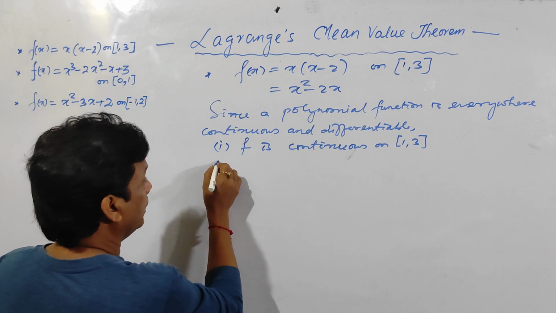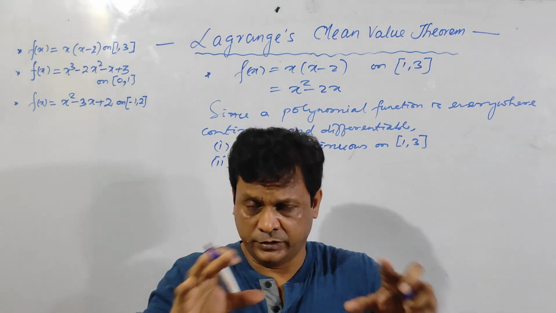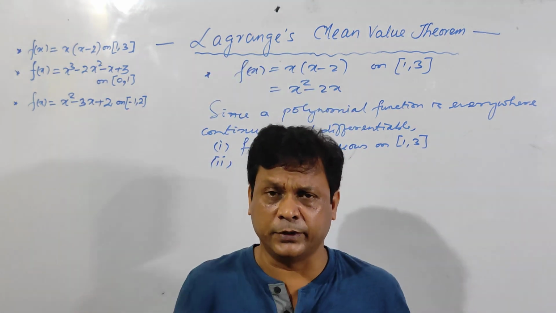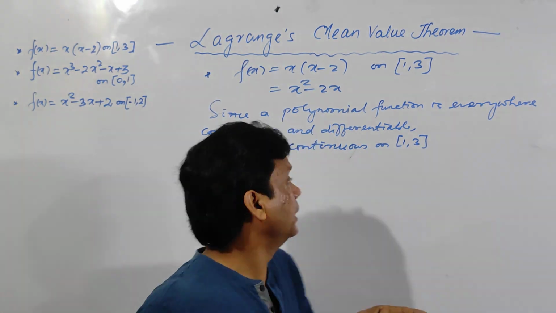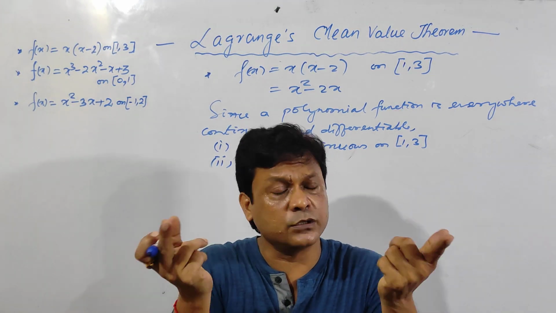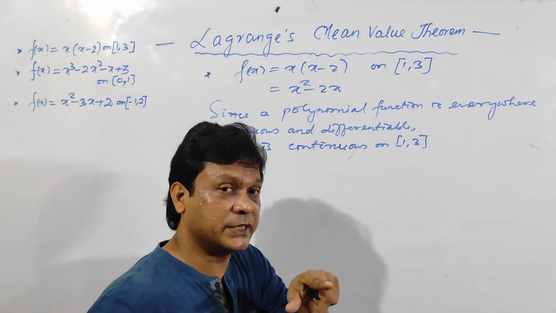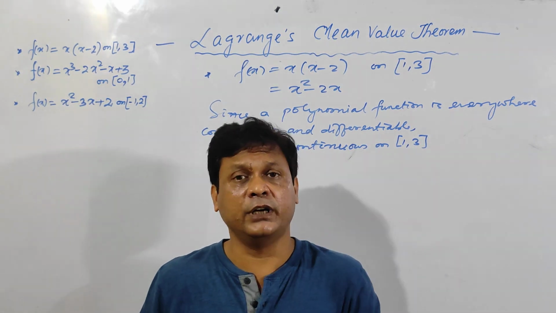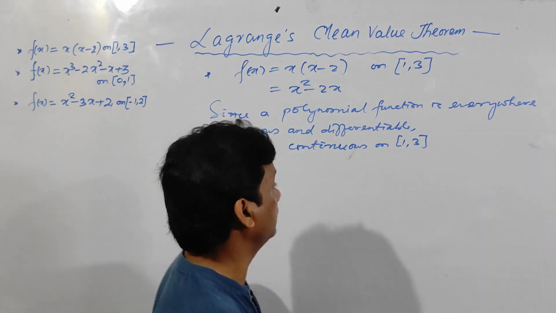And in part 2 it is differentiable everywhere. See here, in the whole world it is differentiable, so in this interval also it is differentiable. And in the whole world it is continuous, so in this interval also it is continuous. So it is continuous on closed interval. Always I have told you, continuous should be on closed interval and differentiable should be on open interval.